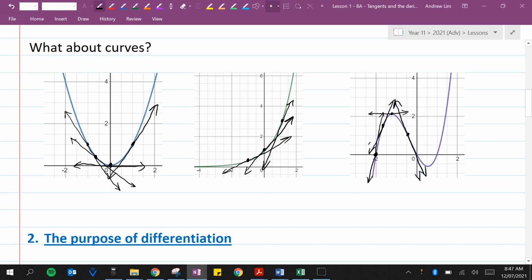Okay, it's negative. It's actually sloping down this time. Over here, 0. And over here, positive. So we can see here that it's positive, then it hits 0, then it becomes negative, then it hits 0, then it becomes positive again.